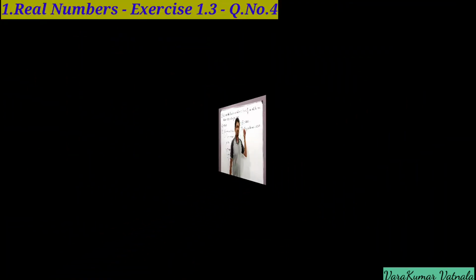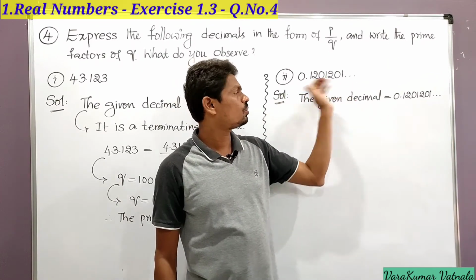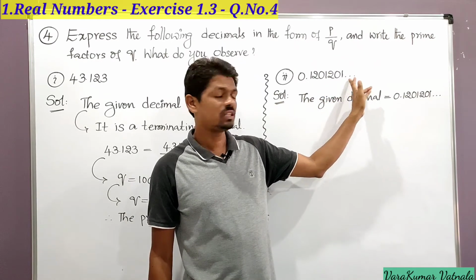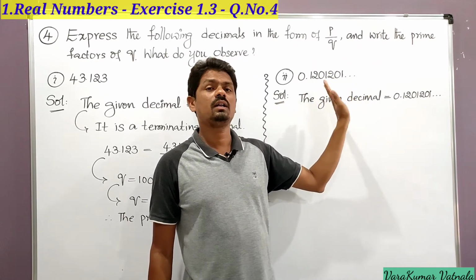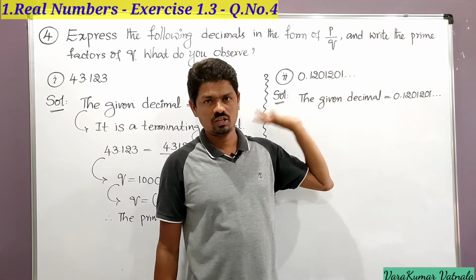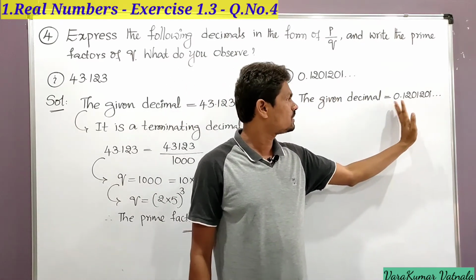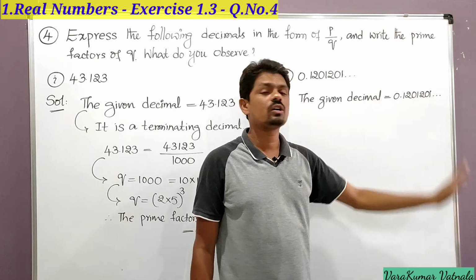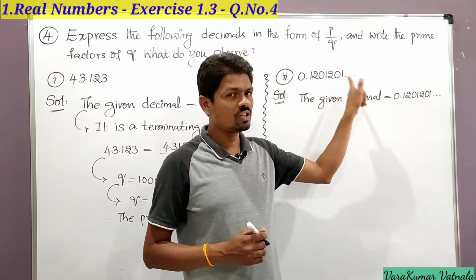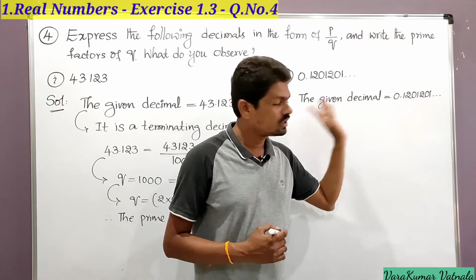So next we have to solve the second bit in the fourth problem, 0.120120... Student, you have to notice that there is no dash dash in the textbook, but he has given it is an irrational number. So you must write dash dash, then only it is an irrational number. So see here, the given decimal is equal to 0.120120... So if there is dash dash or if there is a bar, we can say it is non-terminating.